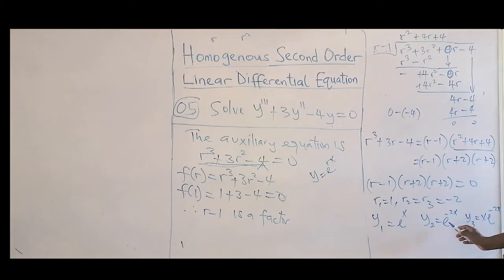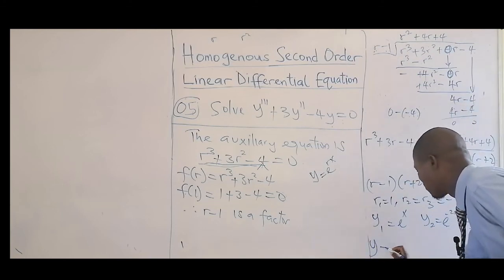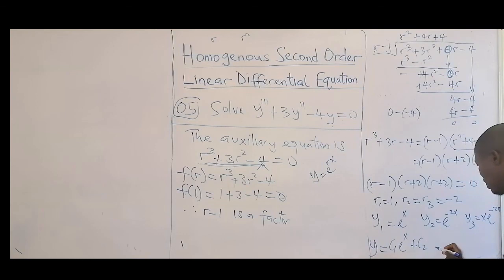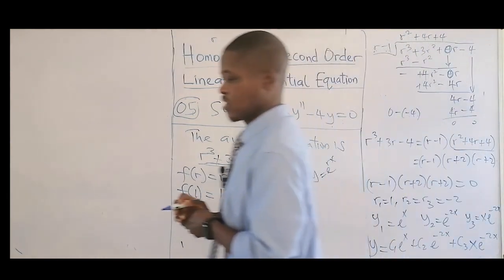So the general solution will be equal to C1 y1 plus C2 y2 plus C3 y3, which is C1 e^x + C2 e^(-2x) + C3 x e^(-2x). So that's that on that question.